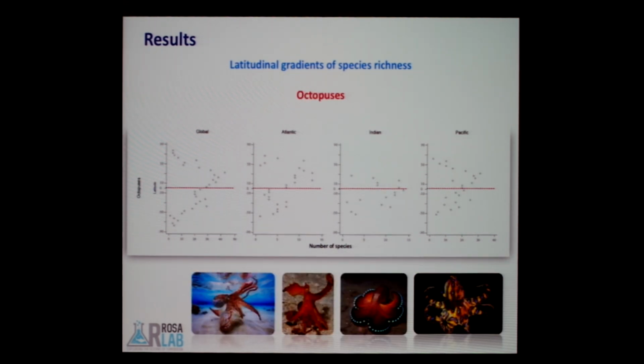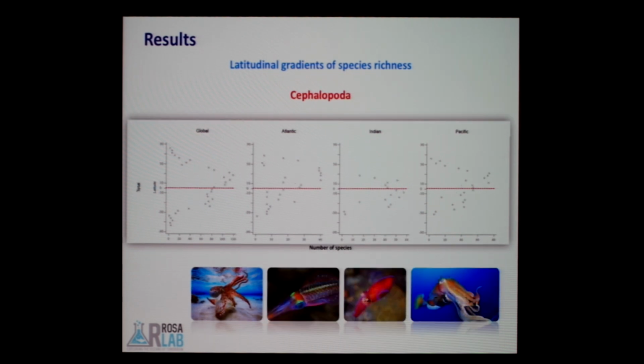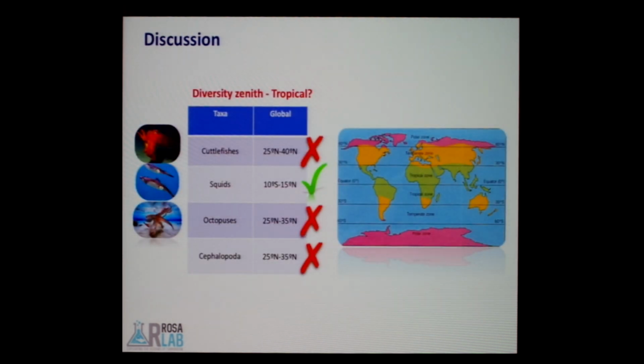Octopus, the same thing, not unimodal, but definitely bimodal. You see what is a bit strange. Now the overall, again, the pattern. And of course it varies a lot, like I said, among oceans. So one thing that we can say, in terms of the zenith of the diversity, is it tropical? Yes, but probably just for the squids, not for the rest, right?